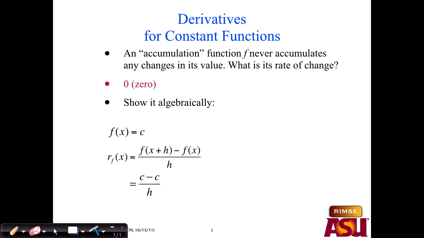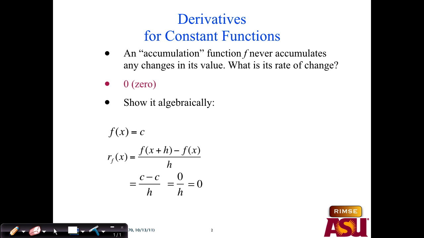So if I subtract this, I get 0 over h, which I can imagine h being anything I want, but a fraction with 0 on top is 0. So 0 over 5, 0 over 0.1, 0 over anything, those are all equal to 0. As long as h isn't equal to 0, this is 0. Like we were saying, we can't actually have h be equal to 0. We can only have it be exceptionally close to 0, because the division by 0 isn't defined. But 0 over something that isn't 0 is equal to 0.